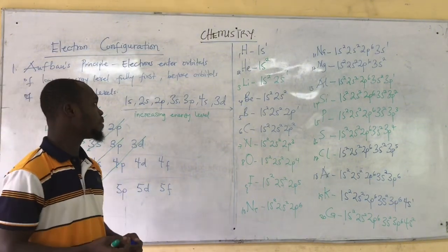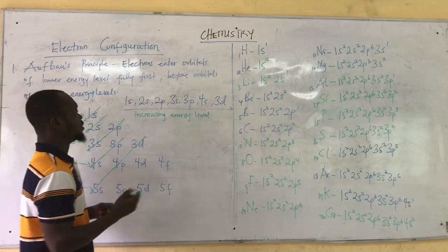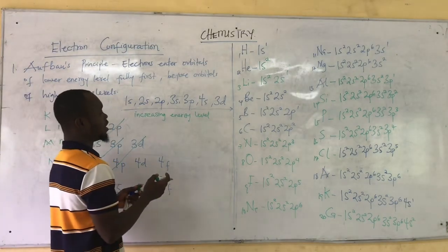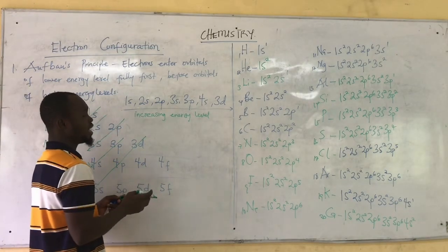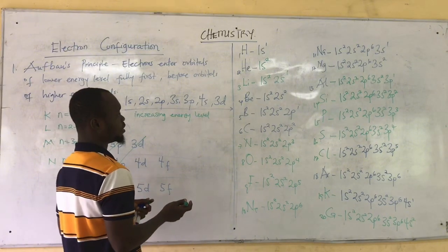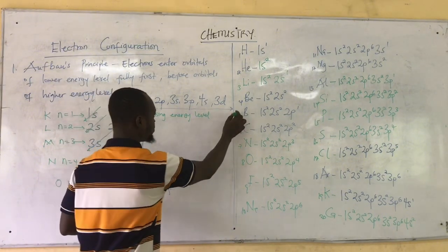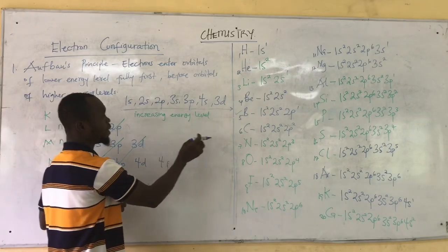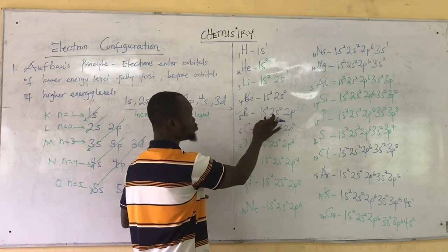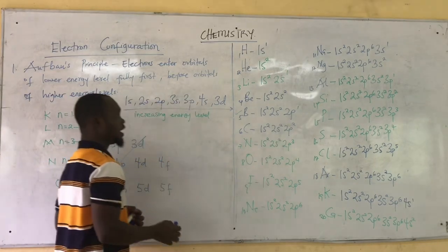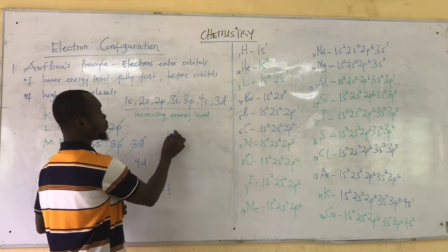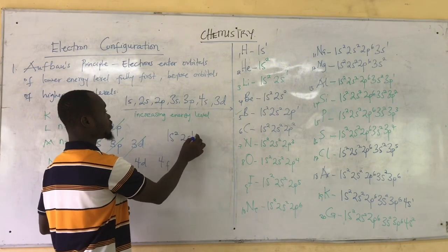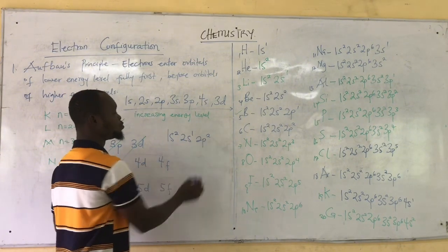So anytime I fill an orbital with electrons, let's take boron here. In a configuration of boron, instead of writing 1s2, 2s2, and 2p1, I write 1s2, 2s1, and then 2p2.